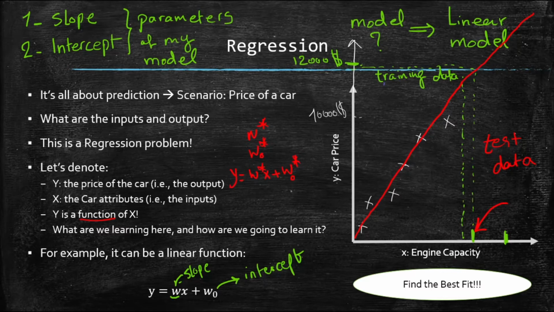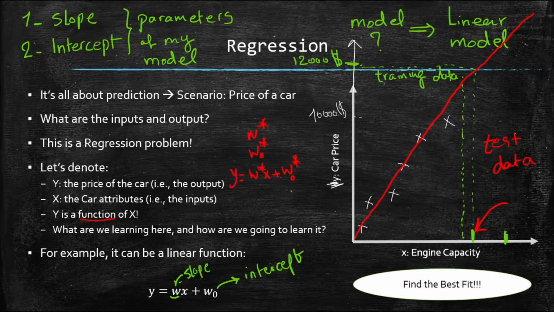Why? Because for every one of these engine capacities in our example, we have the actual car price provided by the owner of the data. By owner, I mean the person who has computed or gathered the data related to the ground truth. So the ground truth in this example is the car price, right here.